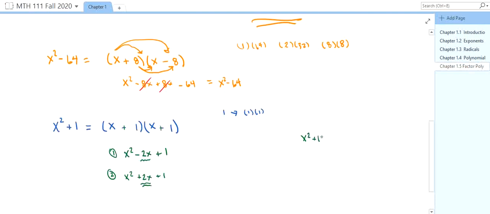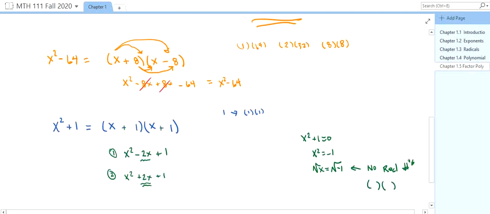If we looked at x squared plus 1 equals 0, and then we go x squared equals minus 1, then what are we doing? We're saying then that x equals the square root of minus 1. And there are no real numbers that you can come up with, no two of them that are exactly the same, that equal minus 1.